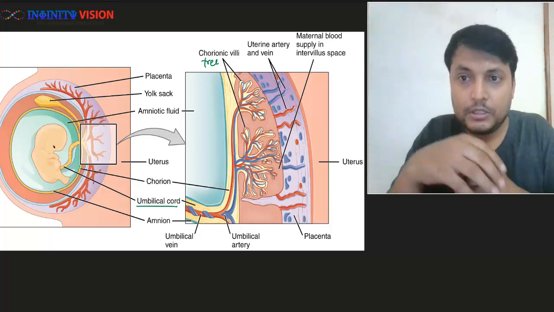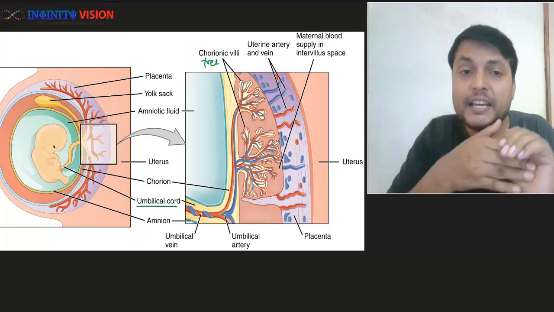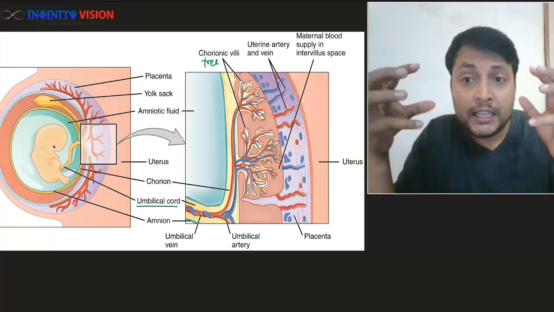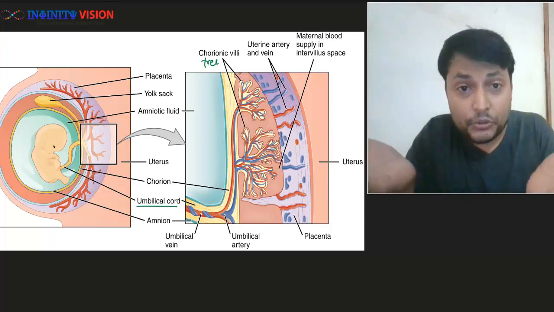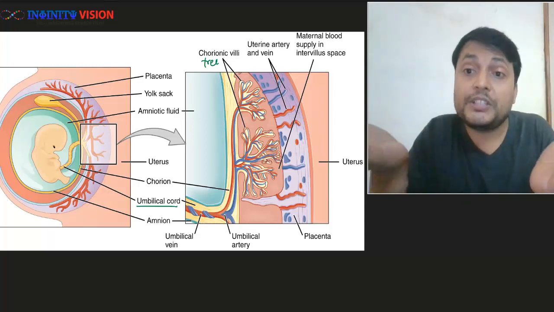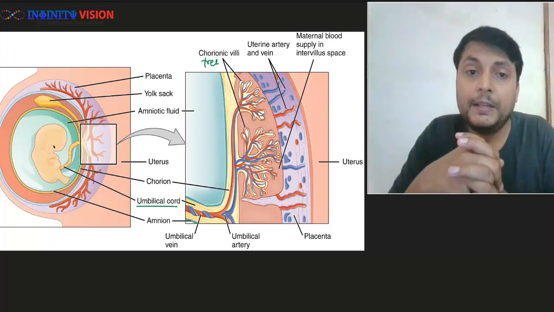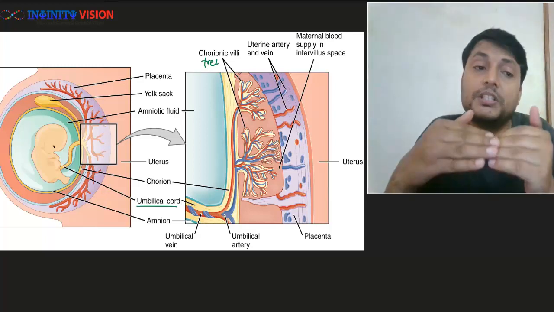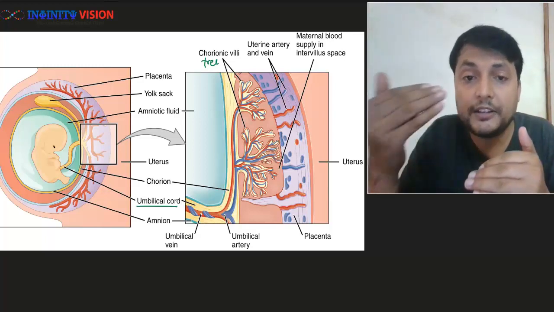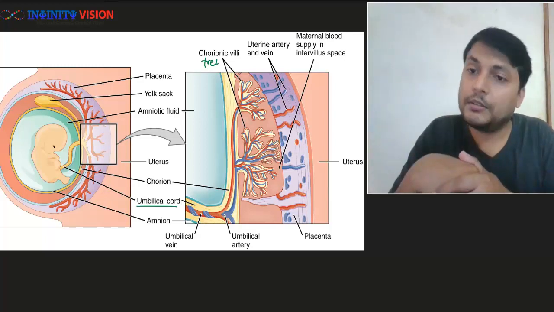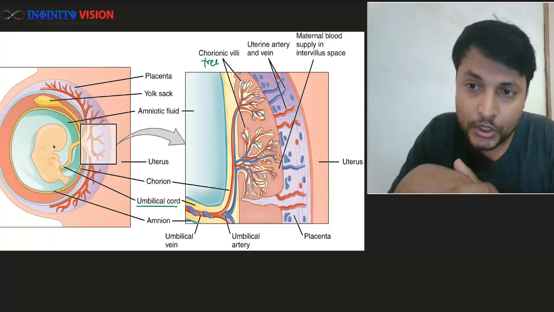They both contribute to form this disc-like structure called the placenta, which is utilized mainly for the exchange of materials between the growing fetus and the mother, or maternal tissue.